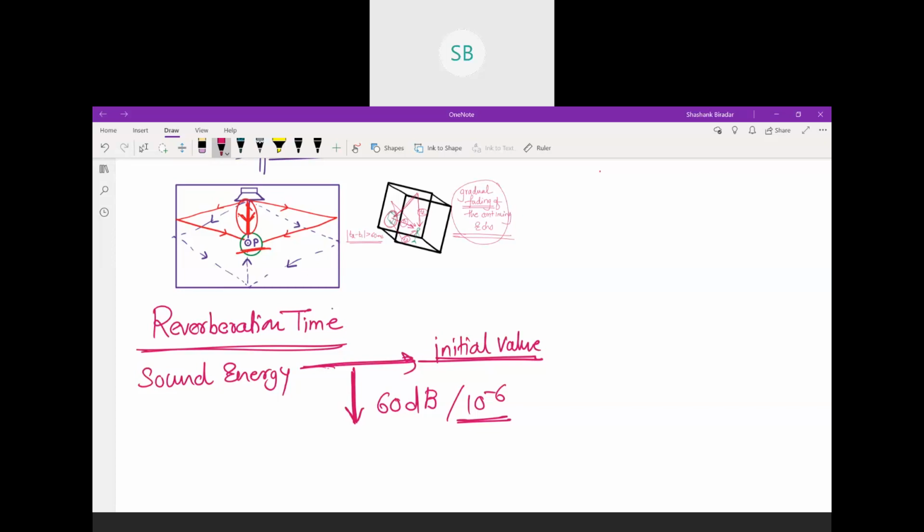Consider the room is quite big. If we consider a Gadima hall, the room is quite big enough, and we are having only one source through which we are listening to the sound, and you are sitting somewhere at the midpoint of the Gadima auditorium. At that time the direct sound is coming to you, and the multiple reflections are also coming to you.